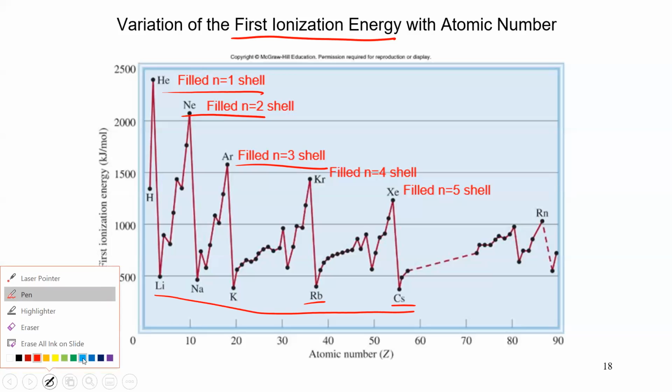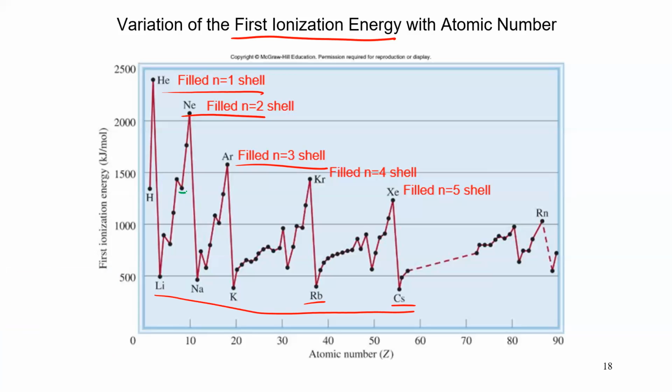Before we leave this slide, I want to point out this little wiggle here in the ionization energy. Lithium is 2s1, and then at this point, this is beryllium, at 2s2, and then we go back down to boron, which is 2s2, 2p1. Beryllium at 2s2 has a full subshell.